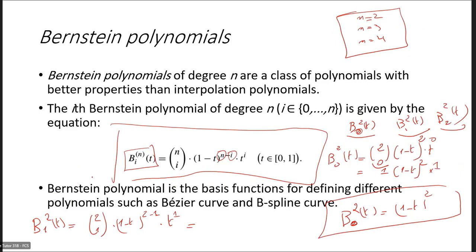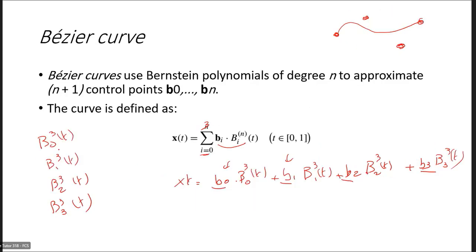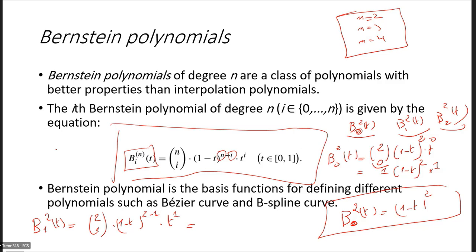By using this formula. Let's try to make B0,3 of t. Here we make i equal to 0 and n equal to 3. So B0,3 of t equals 3 choose 0 multiplied by (1 minus t) to the power of n minus i, so 3 minus 0, multiplied by t to the power of i, which is t to the power of 0.